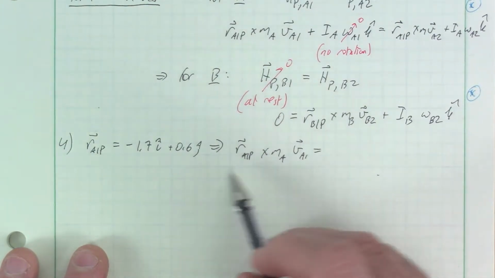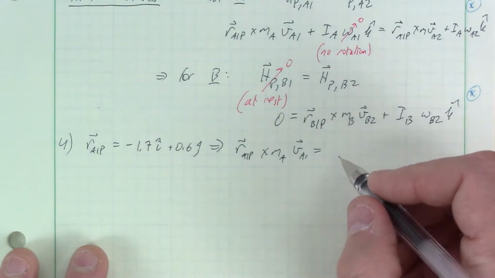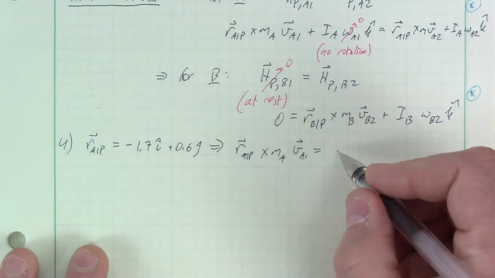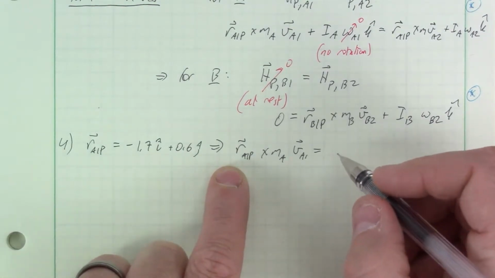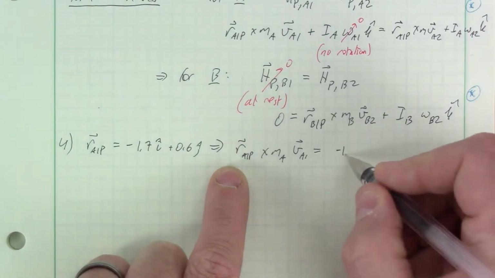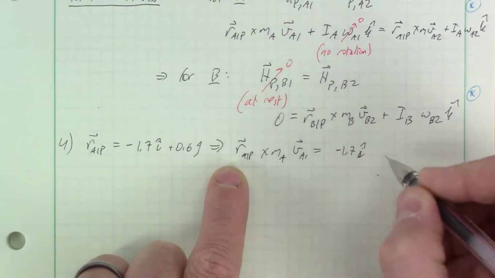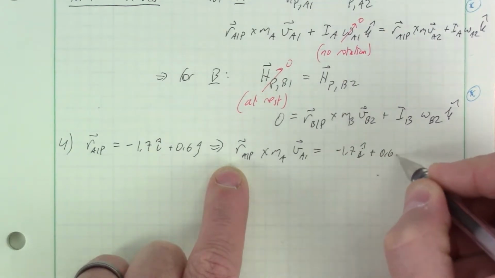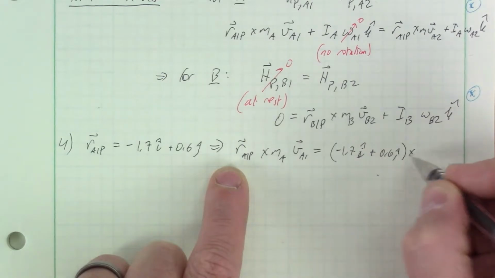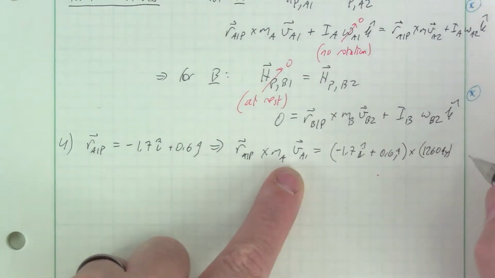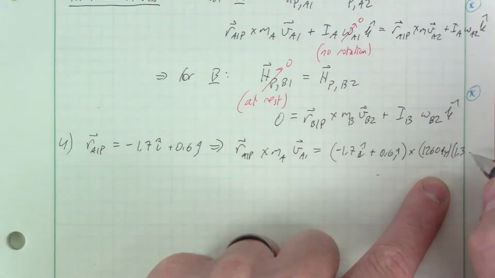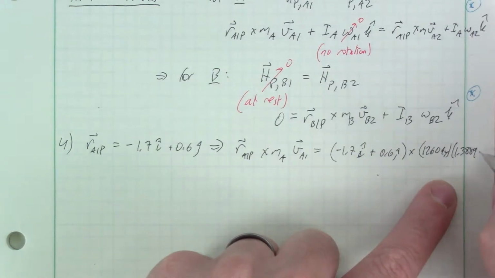So we'll write it all the way out: minus 1.7 i hat plus 0.6 j hat crossed into 1,260 kilograms, and then VA1 is 1.3889 meters per second k hat.